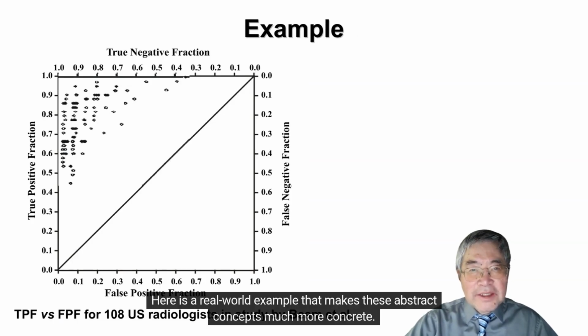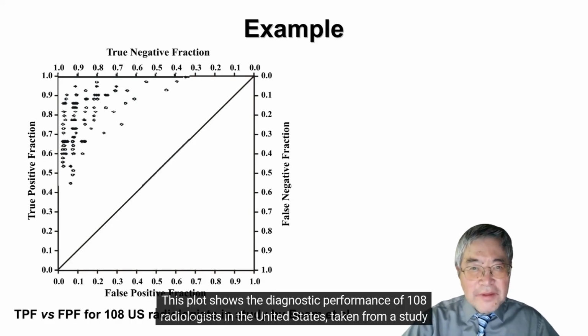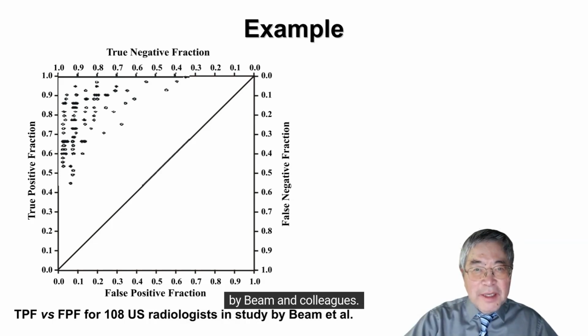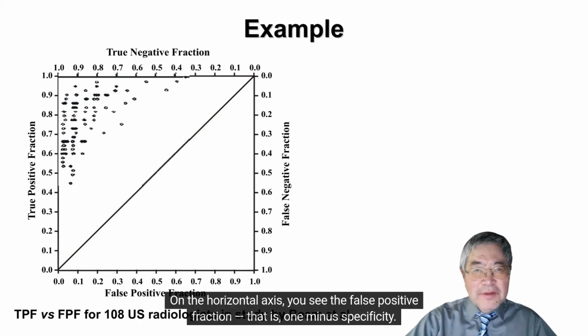Here is a real-world example that makes these abstract concepts much more concrete. This plot shows the diagnostic performance of 108 radiologists in the United States, taken from a study by Beam and colleagues. On the vertical axis, you see the true positive fraction, in other words, sensitivity. On the horizontal axis, you see the false positive fraction, and that is 1 minus specificity.